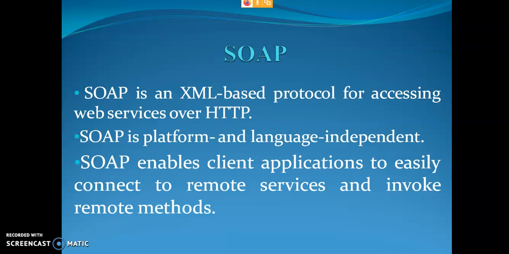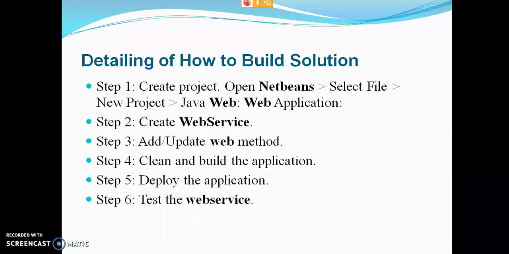That is where SOAP, Simple Object Access Protocol, came into the picture. SOAP was designed to work with XML over HTTP and have a specification that could be used across all the applications. So let us discuss with a demonstration how to build the solution.